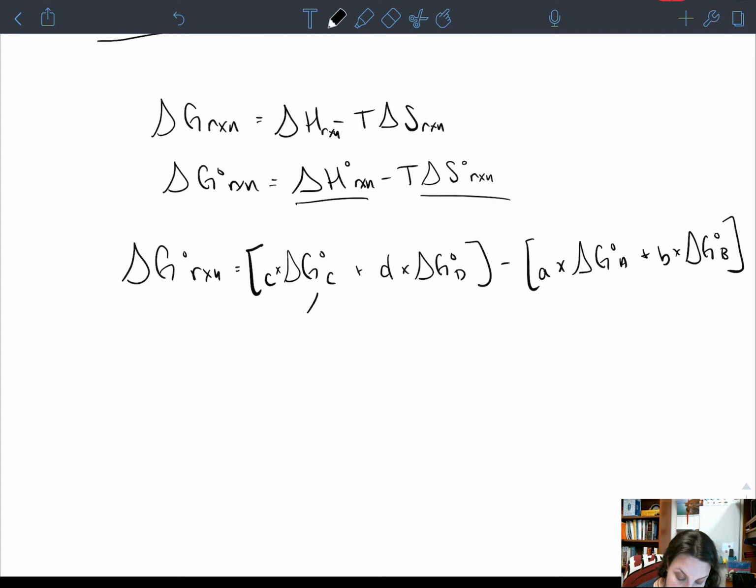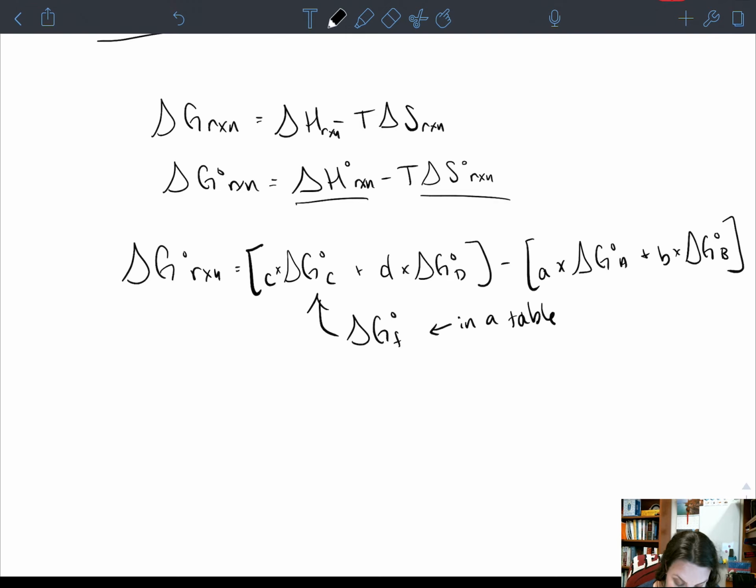So we can solve for those reaction values using the formation values given in a table, like the table I gave you guys. Right here, this has all those values in there, so you use those tables to solve for those.